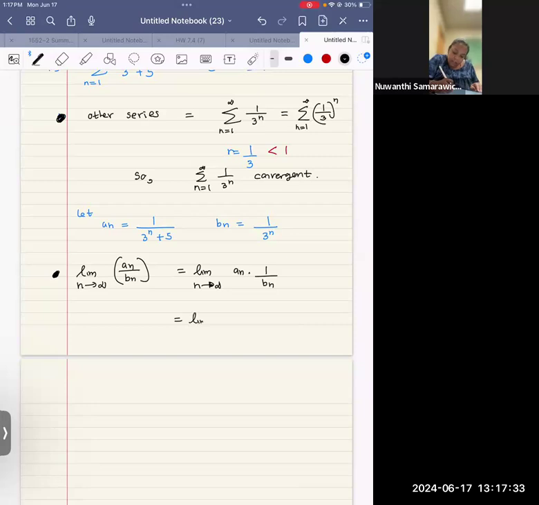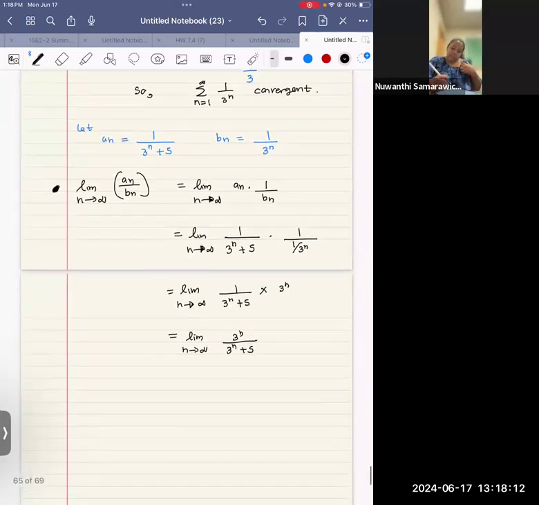So here, let's write it. A sub n is 1 over 3 to the power n plus 5. Okay, so multiply by 1 over b sub n, which means 1 divided by 3 to the power n. Then we can write this as 3 to the power n plus 5 multiplied by 3 to the power n. This is the same as the limit as n approaches infinity of 3 to the power n over 3 to the power n plus 5.